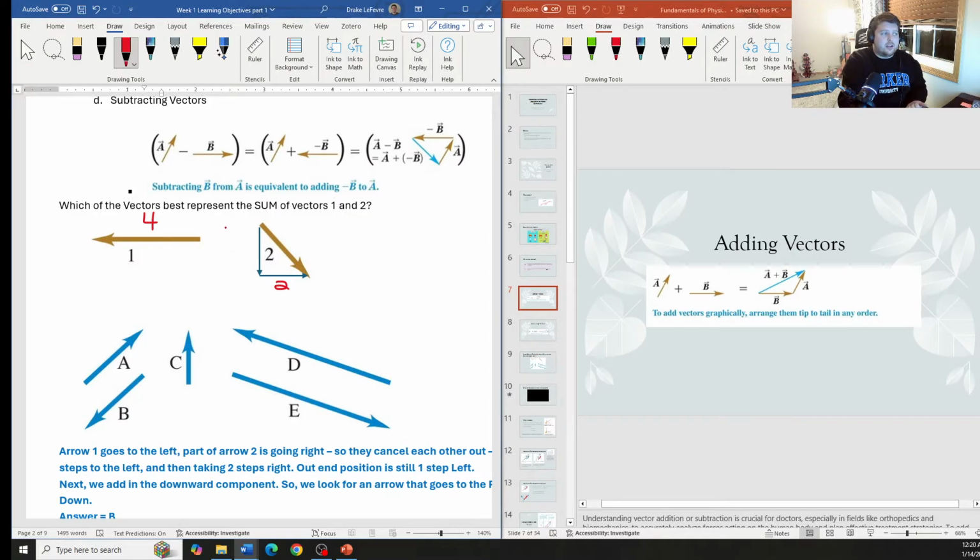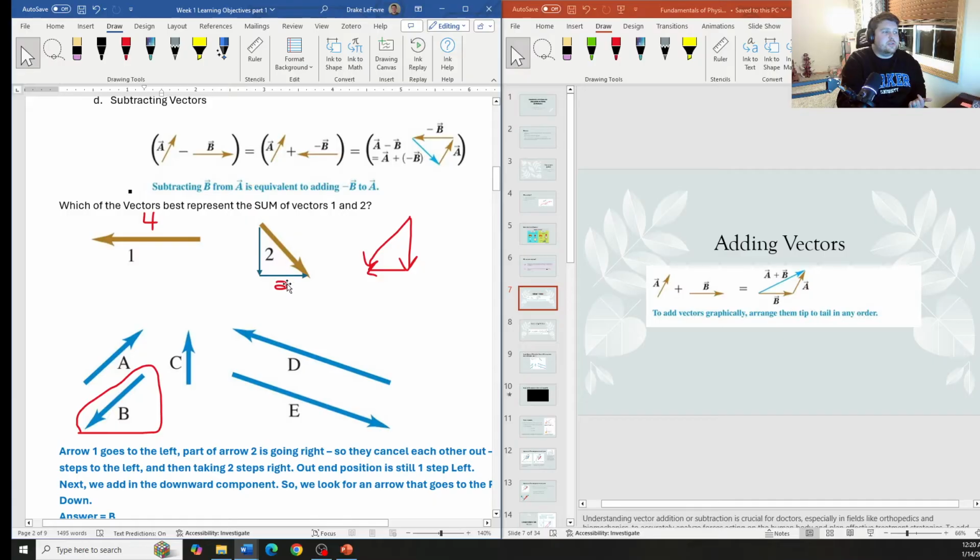And then we add anything that's in the y-axis. Number 1 doesn't have anything in the y-axis. Number 2 goes down. So we're looking for down and left, which would give us a diagonal arrow down and to the left, which is our B value right here.